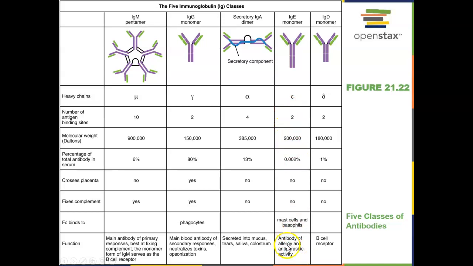IgE is an antibody associated with allergies and parasites. So you're going to see IgE released when you have severe allergic reactions. And then IgD is what we see on the surface of our B cell receptors.